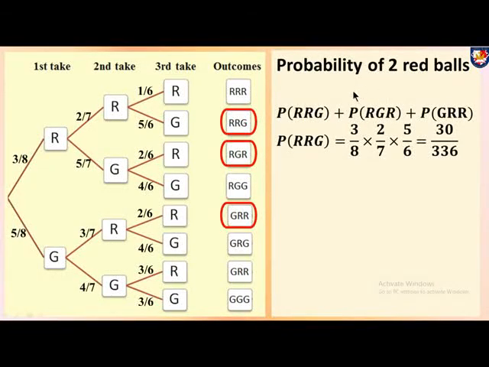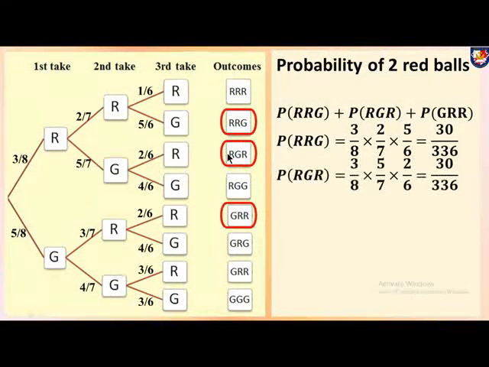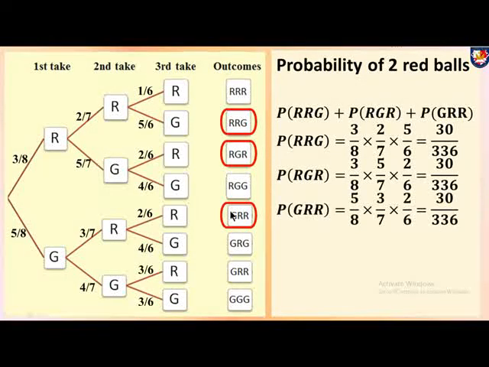Now, the probability of red, green, red is equal to 3 per 8 times 5 per 7 times 2 per 6. It is equal to 30 per 336. And the last one, the probability of green, red, red, is 5 per 8 times 3 per 7 times 2 per 6, equal to 30 per 336.